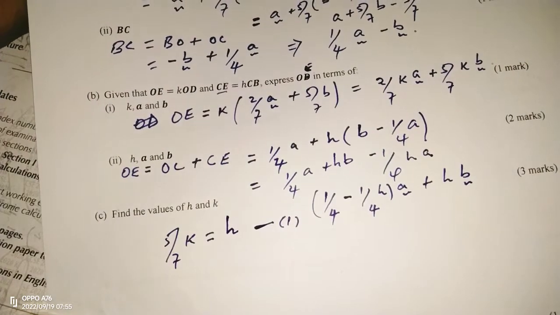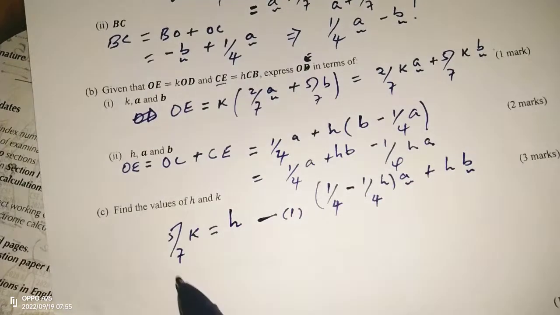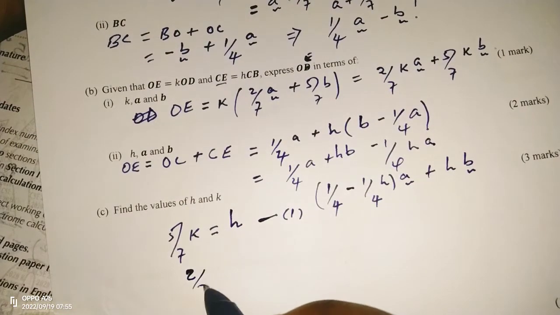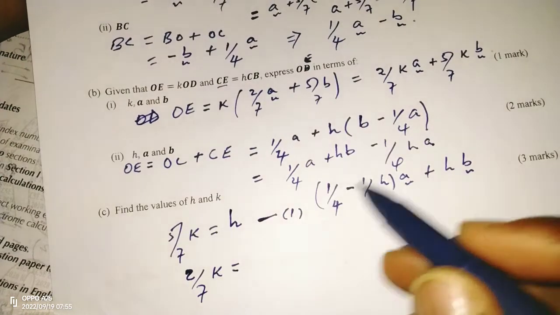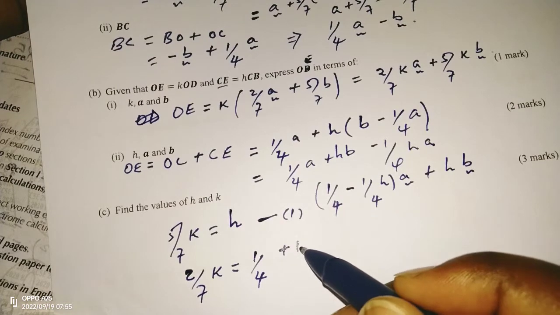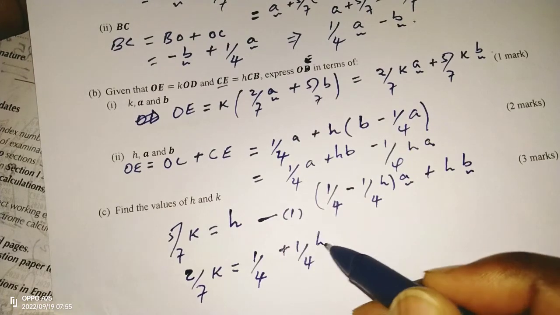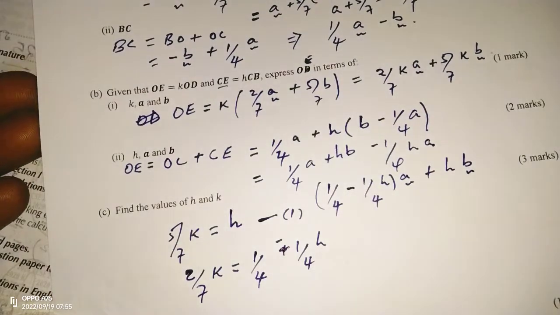Then the second equation, we equate the components of A: 2 out of 7 K equals a quarter minus a quarter H, according to the second expression.